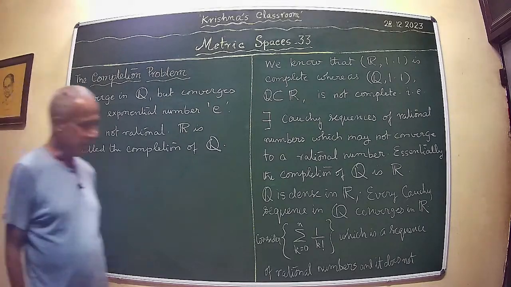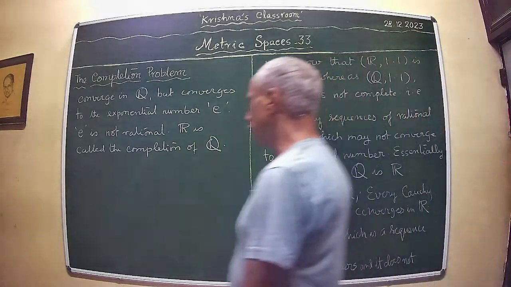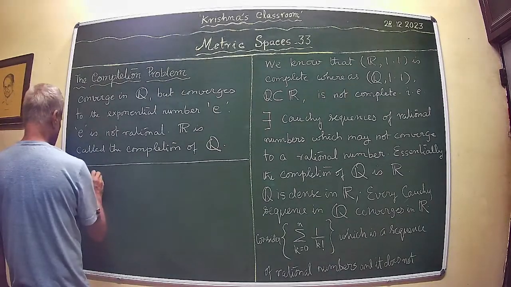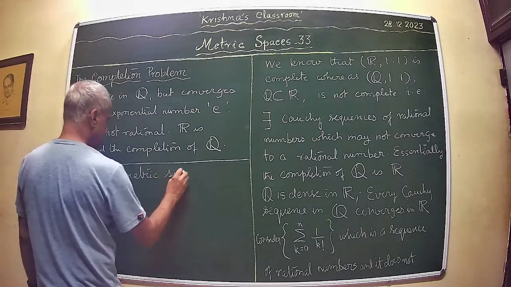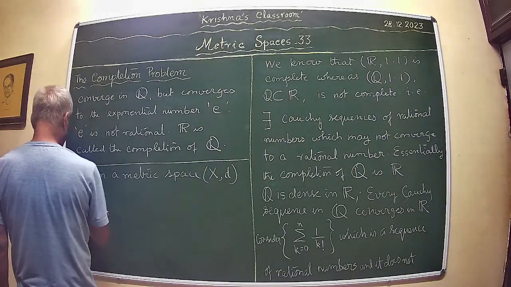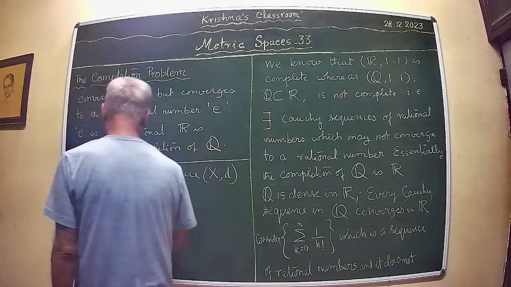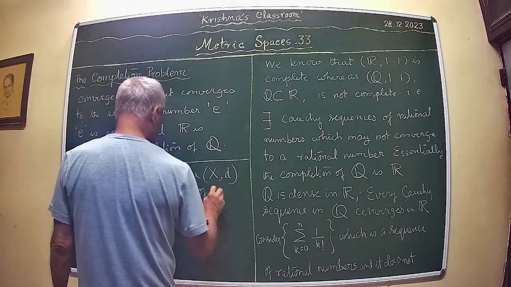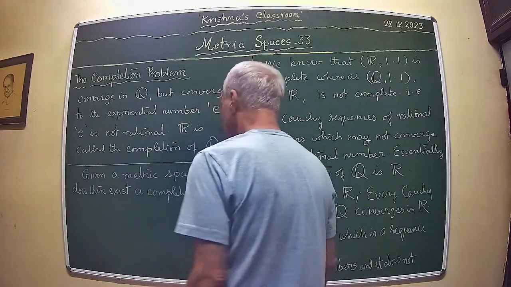Now, there are a lot of examples that you can cite having this property. So, in general, we ask the following question. So, the question is this. Given a metric space X, a completion of X, is it unique?